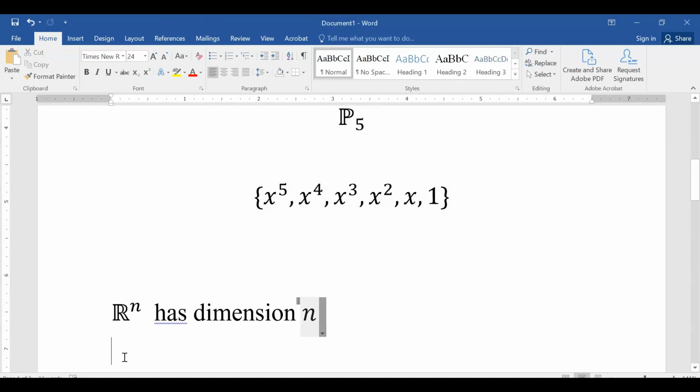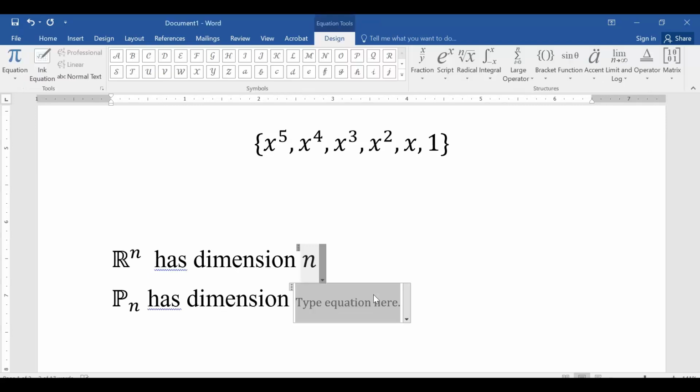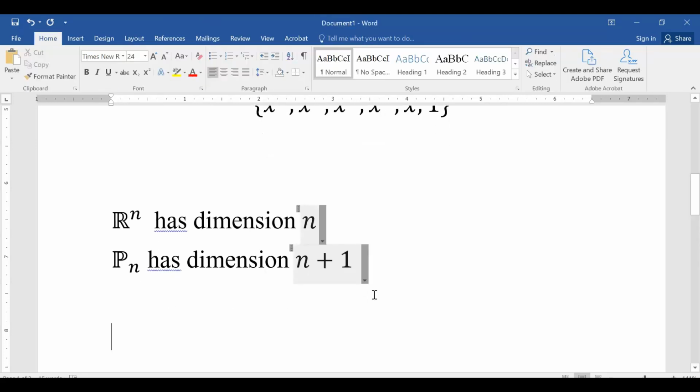Pn has dimension n plus 1. All right, so there we go. P sub n has dimension n plus 1. R to the nth power has dimension n.